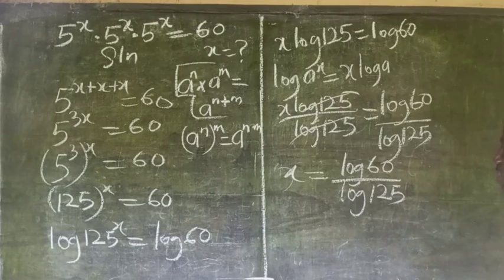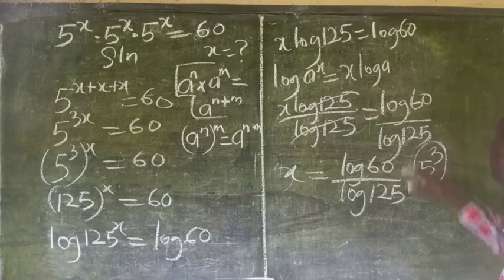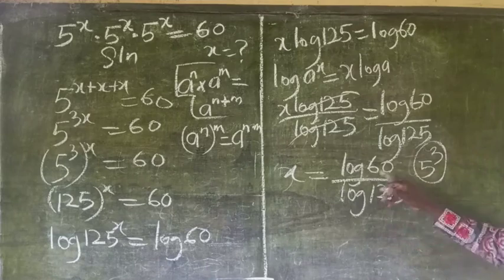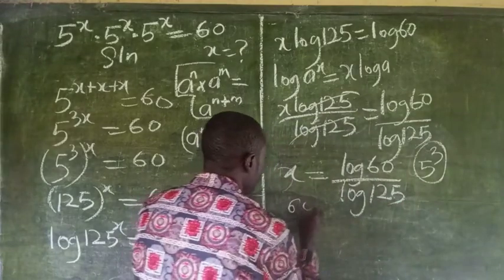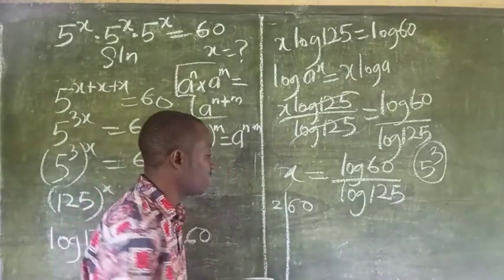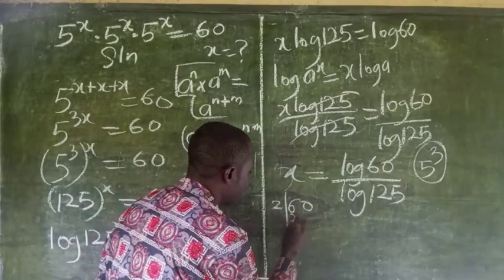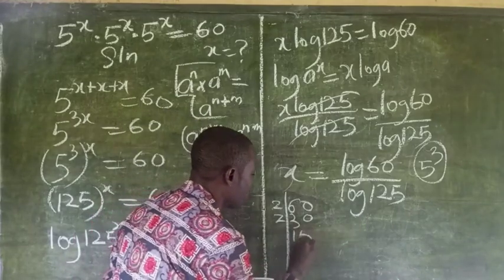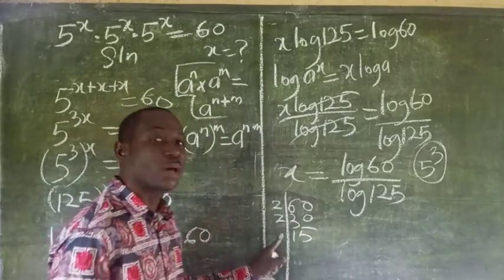We remember previously that 125 was 5 raised to power 3. We can break this down to help us simplify further. And for 60, we can derive prime factors. If we divide 60 by 2, we get 30, that's correct. And 2 can still go into 30, that is 15. At this point, 5 can go and 3 can go.